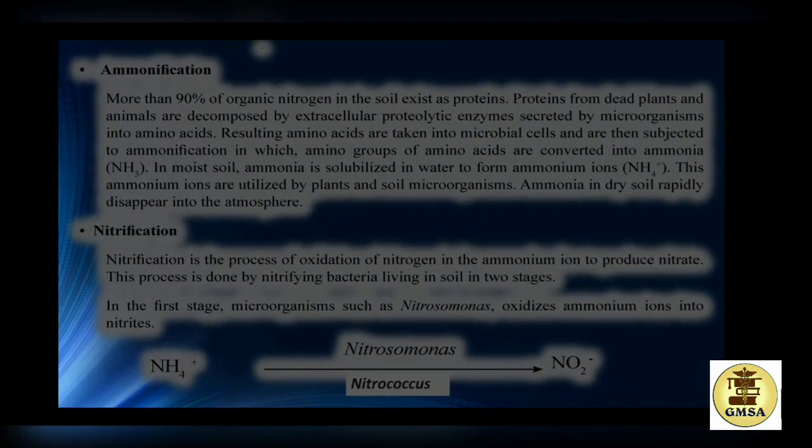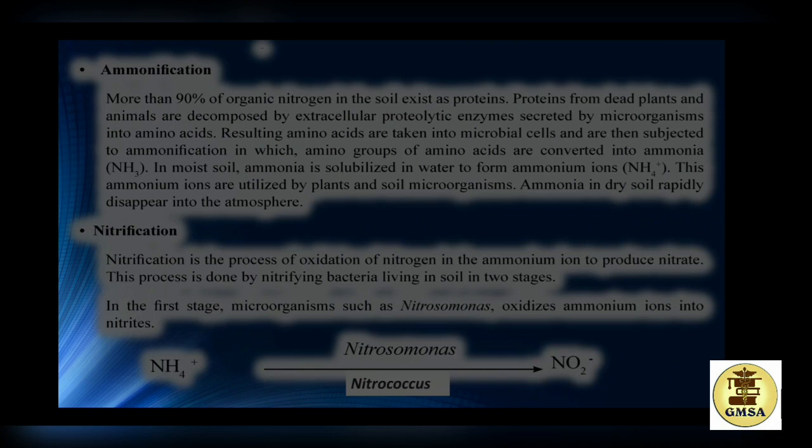Starting off with ammonification. More than 90% of organic nitrogen in the soil exists as proteins. Proteins from dead plants and animals are decomposed by extracellular proteolytic enzymes secreted by microorganisms into amino acids. You might be aware that proteins are made up of small units known as amino acids. This is the basic structural unit of the proteins.